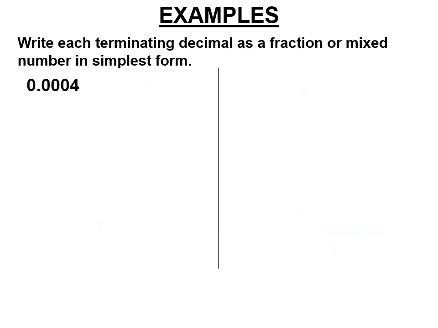So using yesterday's lesson, this is 4 10,000ths. But you have to simplify. We just said 4 went into 100 and 1,000. Does it go into 10,000? It sure does. 4 divided by 4 is 1, right? 100 divided by 4, 25. 1,000 divided by 4, 250. So what's 10,000 divided by 4?